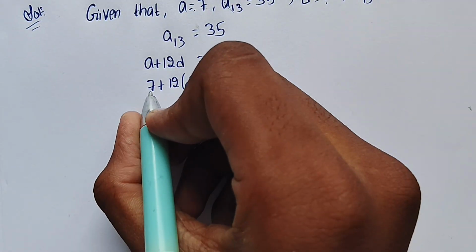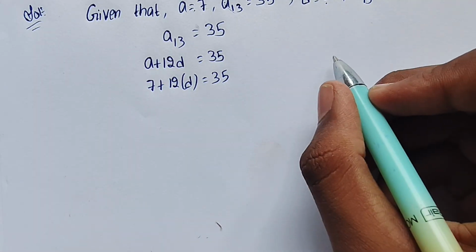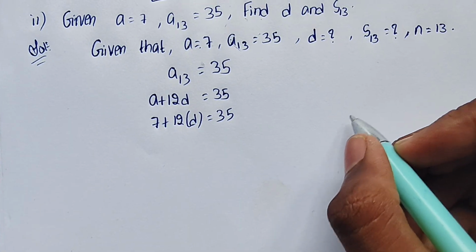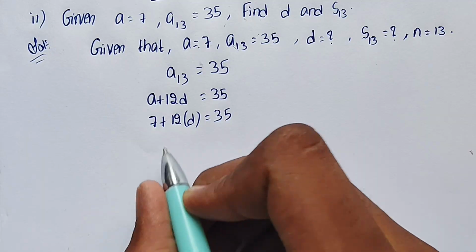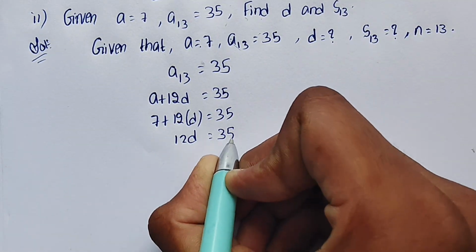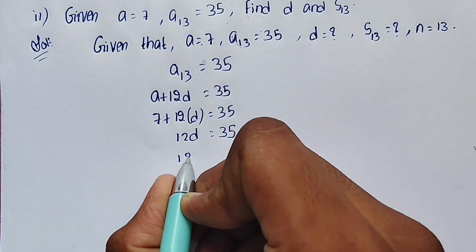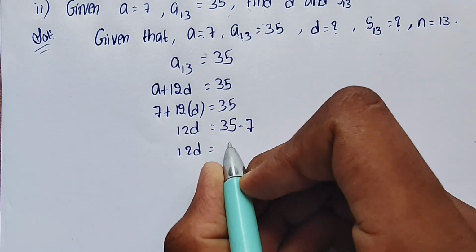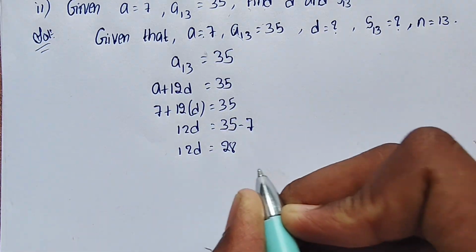So I am going to transfer the plus 7 to the right side. It will become minus 7. So 12d is equal to 35 minus 7, which means we get 28.